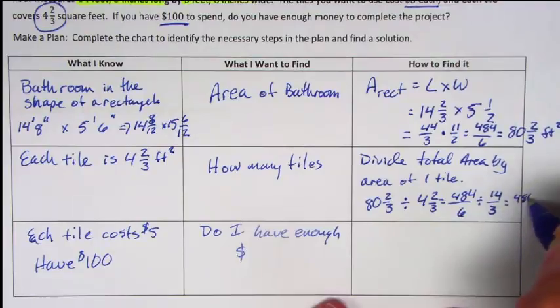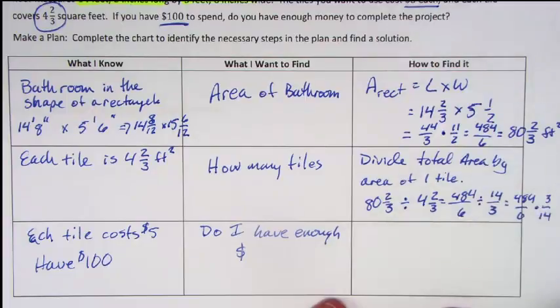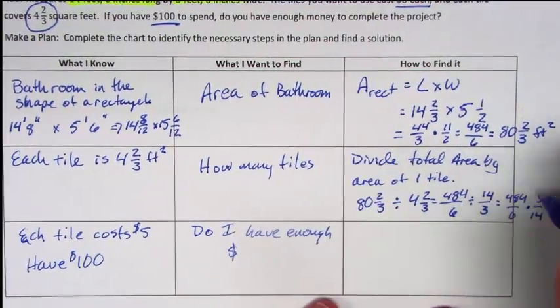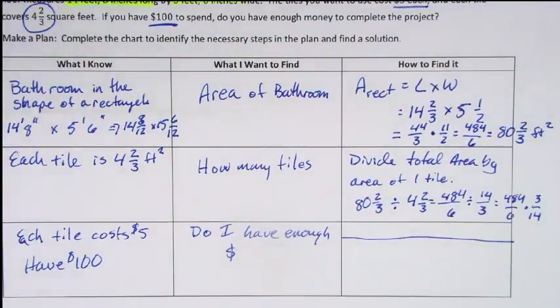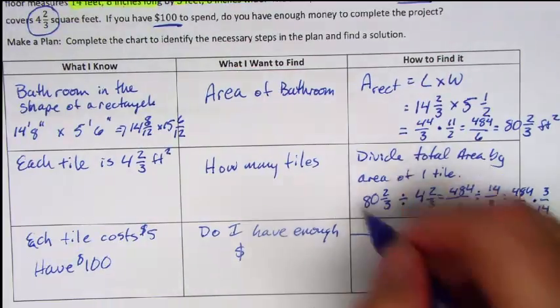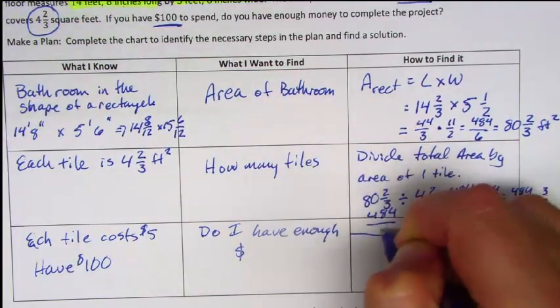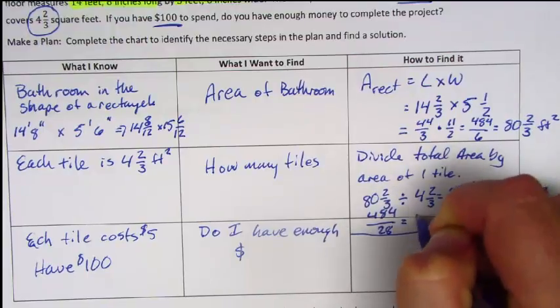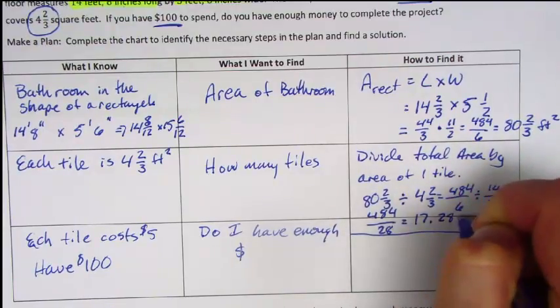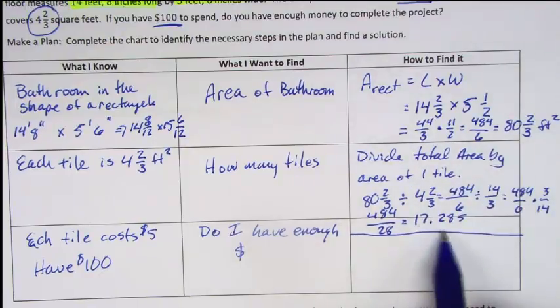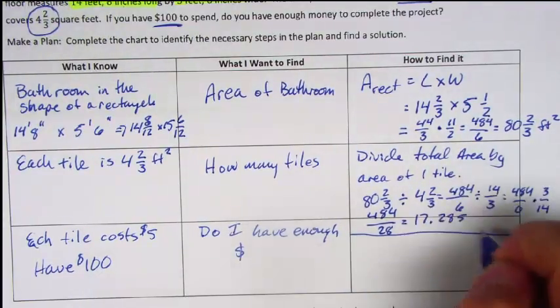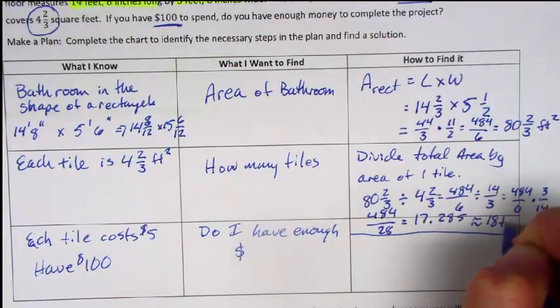Dividing by a fraction is the same as multiplying by its reciprocal. So I'm going to multiply by 3/14. And when I do that, I'm going to get 484/28. And then doing the division on my calculator, that gives me 17.285, so about 18 tiles. Can't do 17 tiles because that wouldn't give me enough, so about 18 tiles.